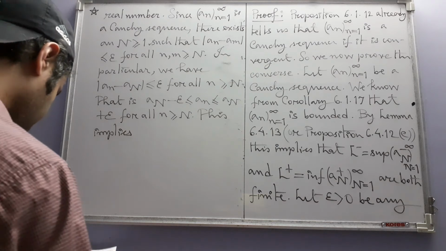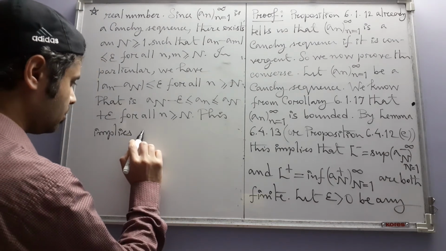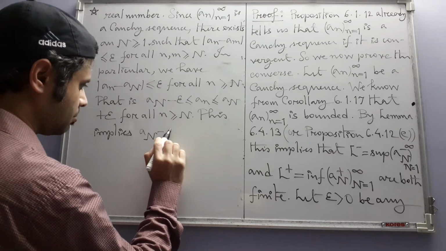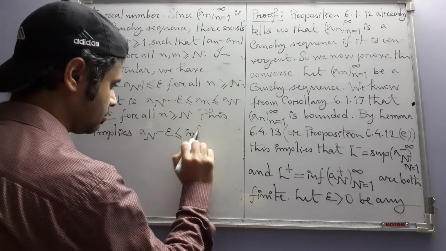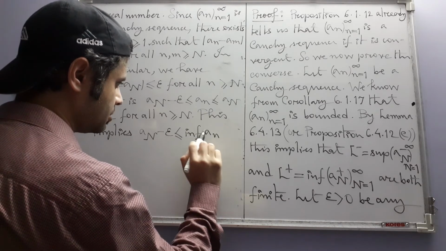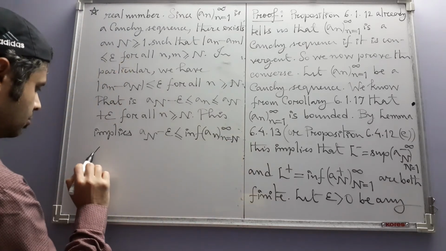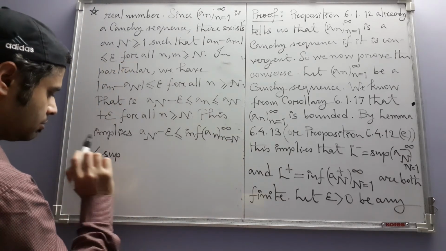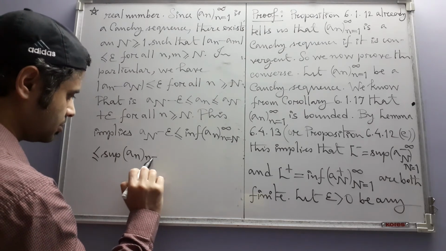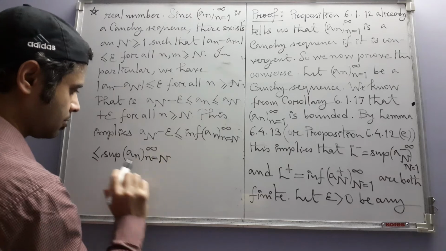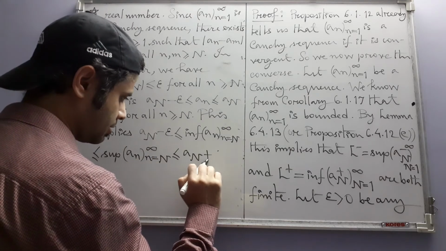So that's why we obtain this: a_N minus epsilon is less than or equal to the infimum of this sequence, which is less than or equal to the supremum of this sequence, and that is less than or equal to a_N plus epsilon.